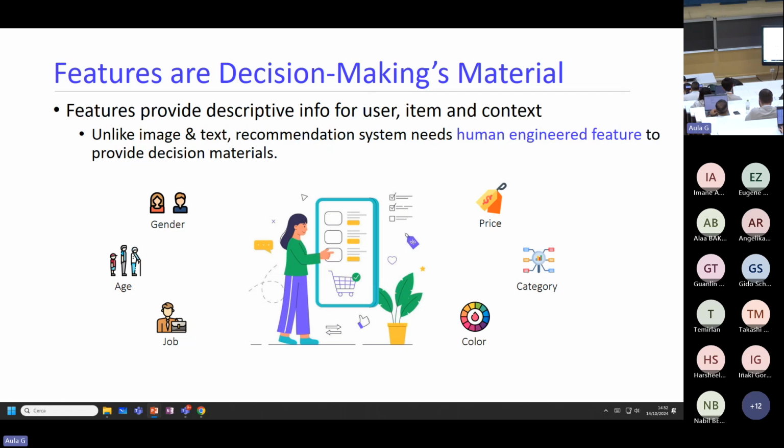Human engineered features can always be categorized into three types: categorical features, numerical features, and multi-hot features. Categorical features represent distinct categories, such as age groups and gender, or item attributes like brand names or product categories.